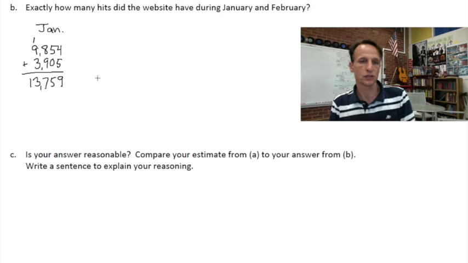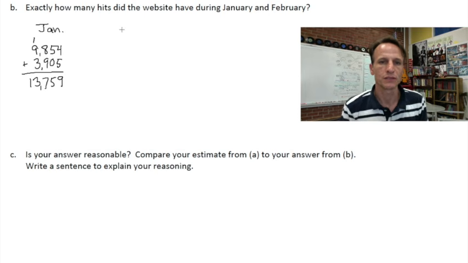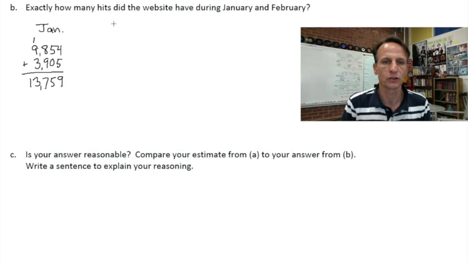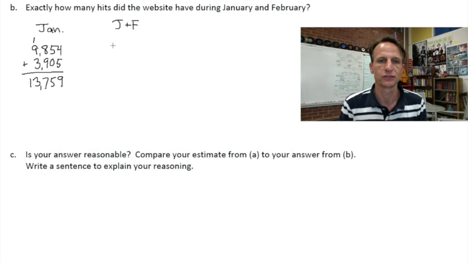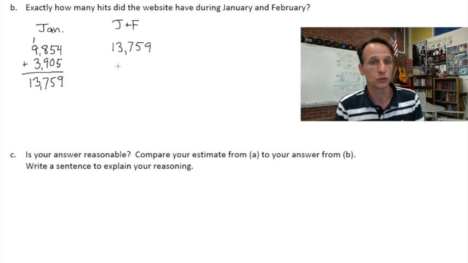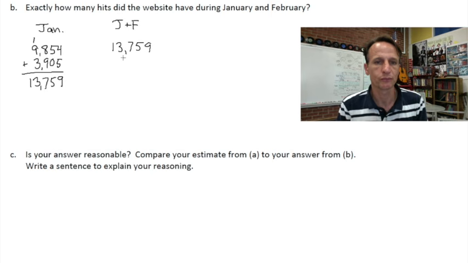Now, that's just January, right? And so we know February, so let's do Jan and February. Just put J and F. Okay, so we have that total for January now, 13,759, and we're adding to it February's total, 9,854.